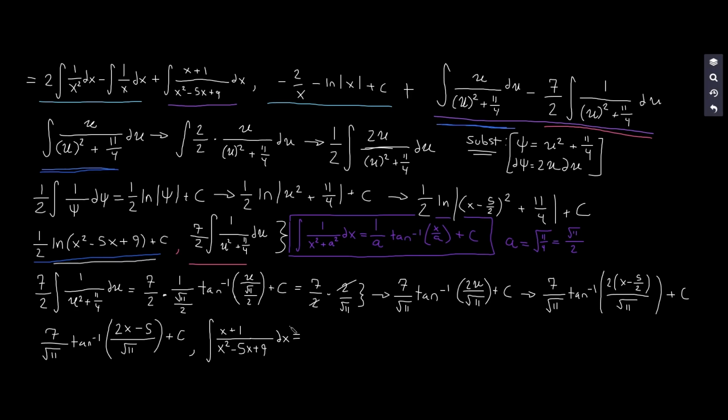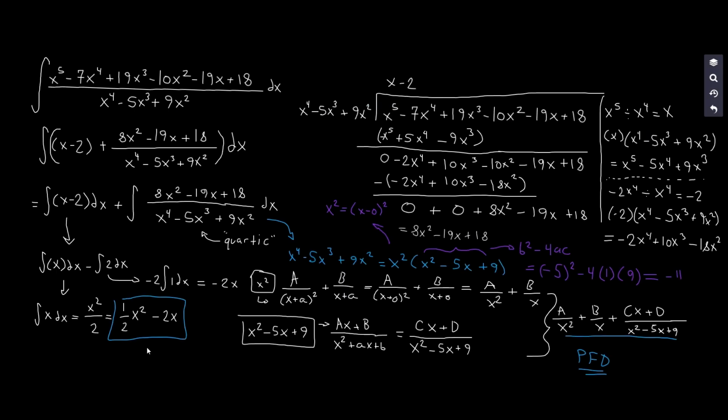This is going to be equal to 1/2 times the natural logarithm of x squared minus 5x plus 9, plus 7 over the square root of 11 times arctangent of 2x minus 5 over the square root of 11 plus c.